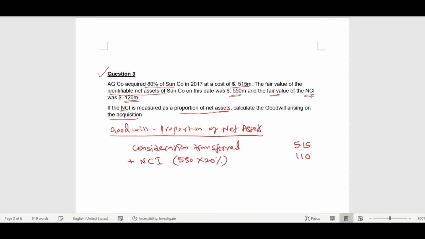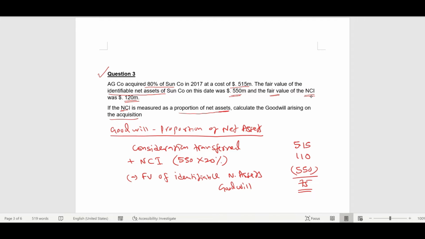So that will be 110 million. From this, you deduct the fair value of identifiable net assets, which will be 550. So thereby the goodwill will be 75 million. So this is the goodwill.